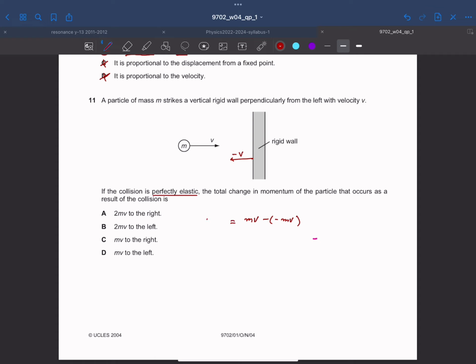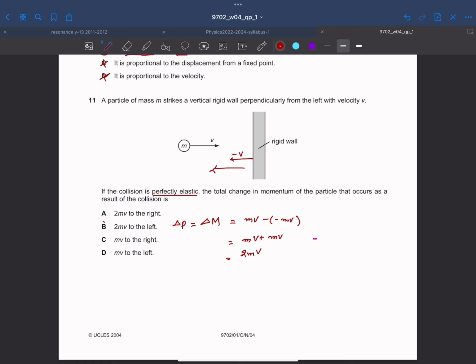So the change in momentum, or del p, you can simply say is mv plus mv. So 2mv is the right answer, and of course the direction will be towards which direction? Towards left. So be careful.